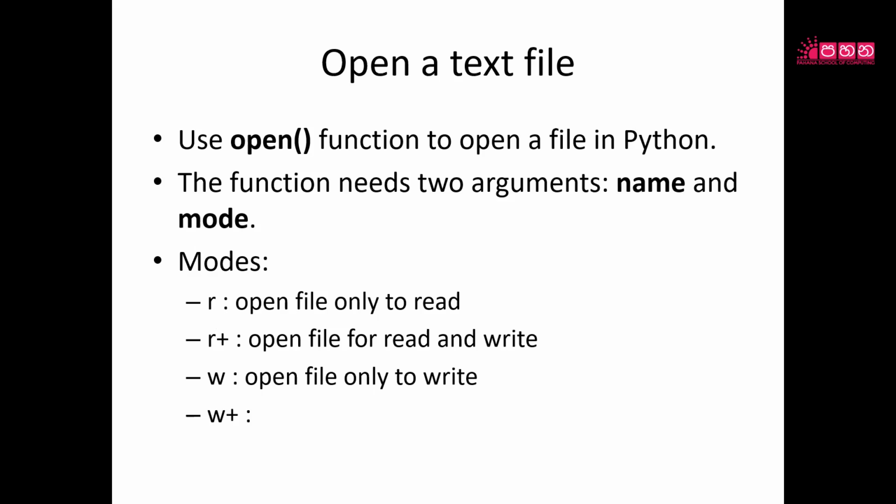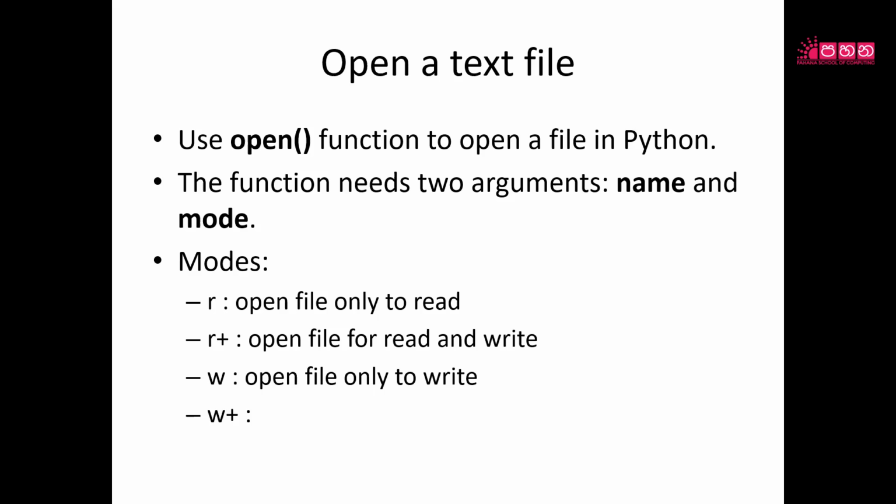Now, there are a few values you can take. For example, simple R, we can say, okay, open the file only for reading. Then when you say R plus, that means open the file for both read and write. Then W, open the file only to write. Likewise, we have W plus, where we can open the file for read as well as write.